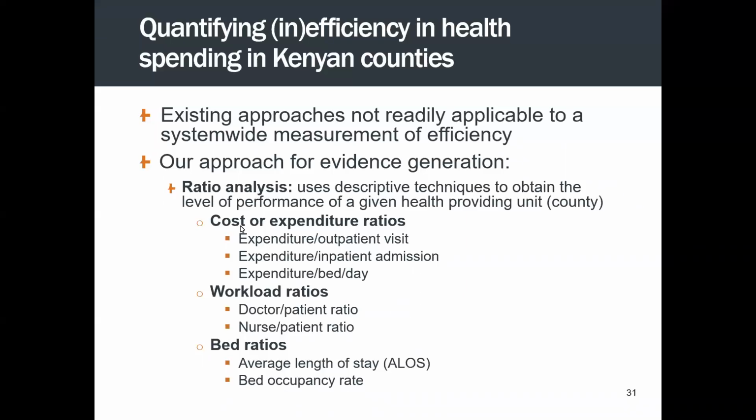Some of these ratios we are talking about are basically expenditure ratios, and they are easy to compute, and they can actually be computed at the level of the counties with the county staff themselves without much assistance. So we will be looking at some of these ratios. We also have workload ratios and bed ratios, which we have used to be able to pinpoint areas of improvement.